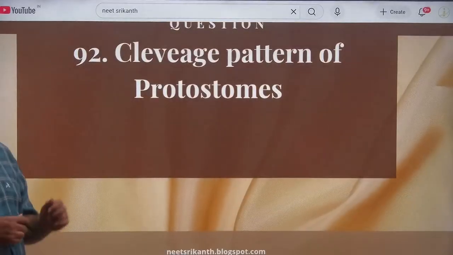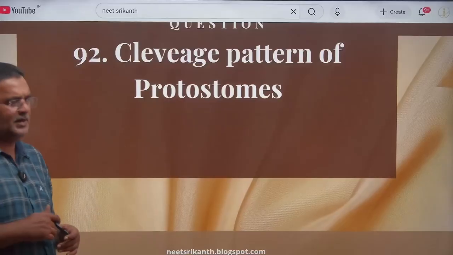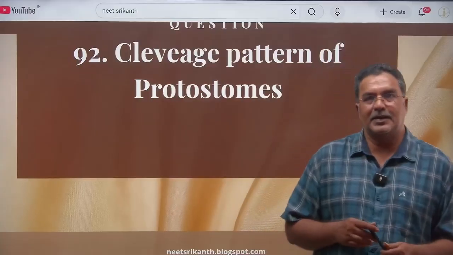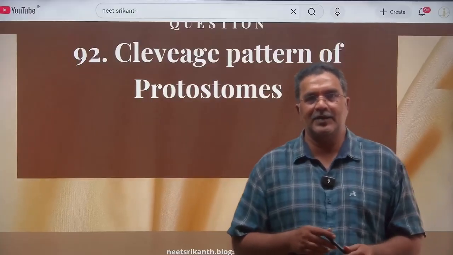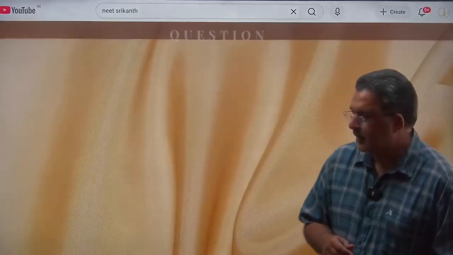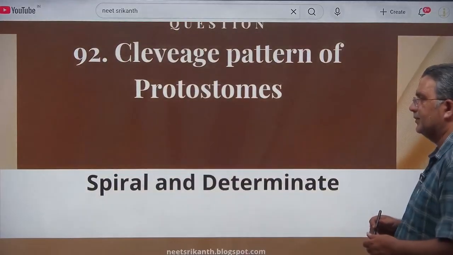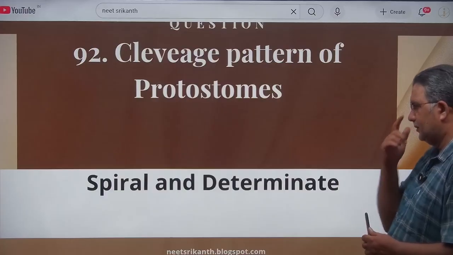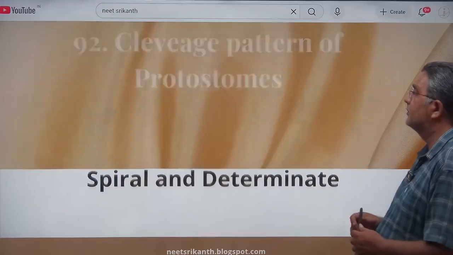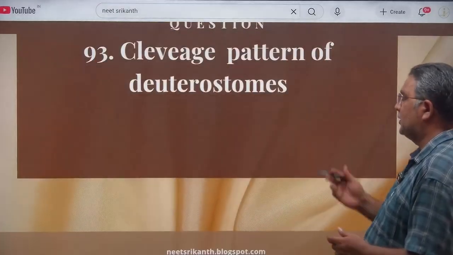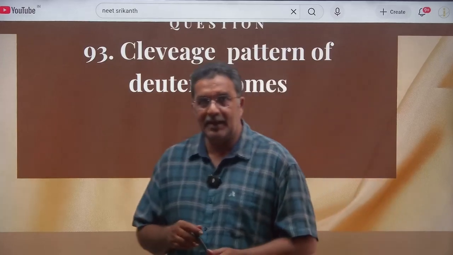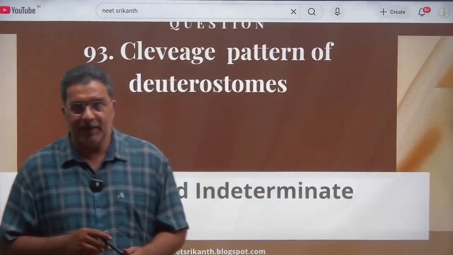Next question. Cleavage pattern of protostomes. Straight question. The cleavage pattern of protostomes is spiral and determinate. One more straight question. The cleavage pattern of deuterostomes is radial and indeterminate.